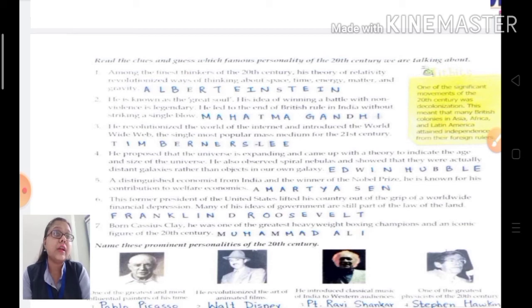Many of his ideas are still part of the laws. उन्होंने ऐसा फाइनेंशियल क्राइसिस से निकाला कि right now many of the governments are following the same rules, the same method. Okay, so that is Franklin D. Roosevelt. Okay, Franklin D. Roosevelt. He was the former president of the United States.